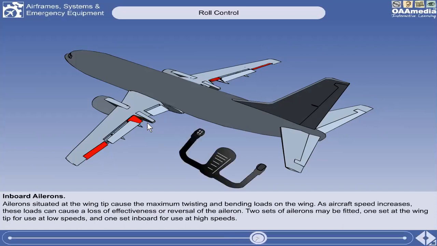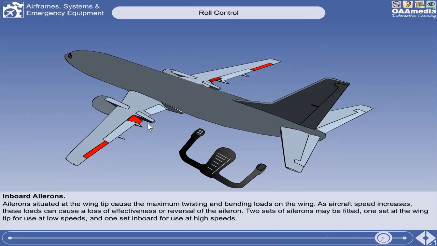On some aircraft, with both inboard and outboard ailerons, both sets are used at low speed. But once the flaps are retracted, the outboard ailerons are locked out, and only the inboards operate. On others, the outboard ailerons are used in isolation until the flaps are retracted.